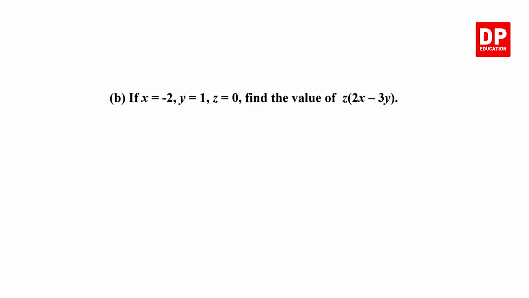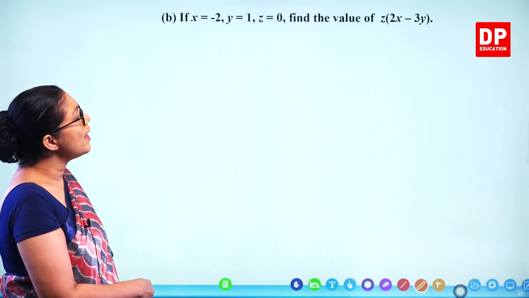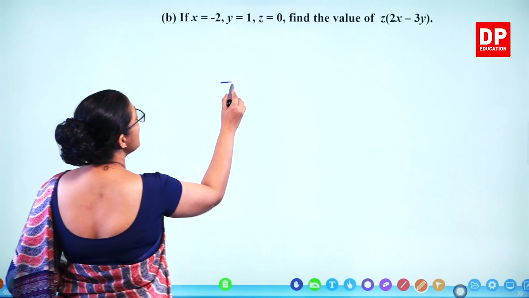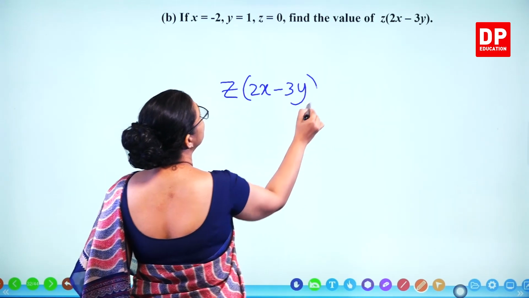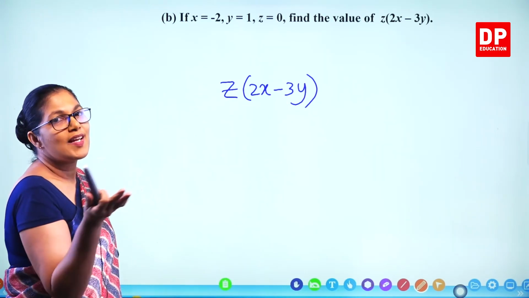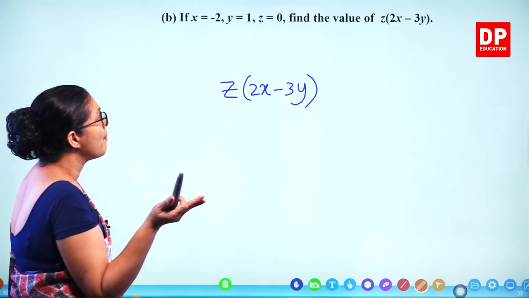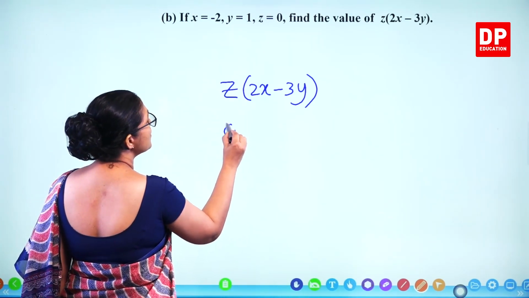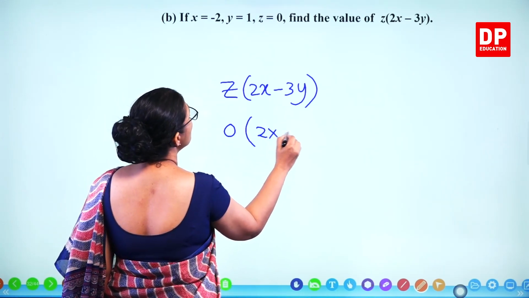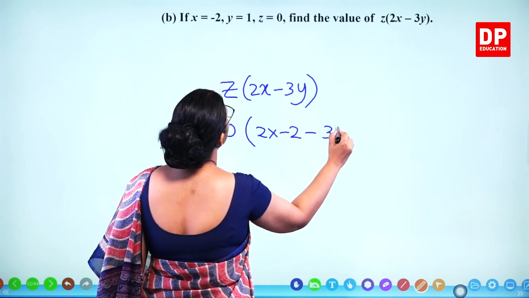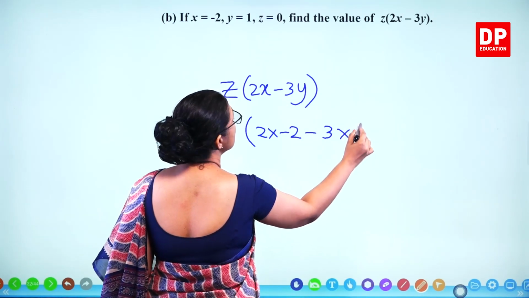Part B, if x equals minus 2, y equals 1 and z equals 0, find the value of z into 2x minus 3y. Obviously, we can see the answer is 0 because z is 0. 0 multiplied by any number. Whatever you substituted here, you can check if you want.